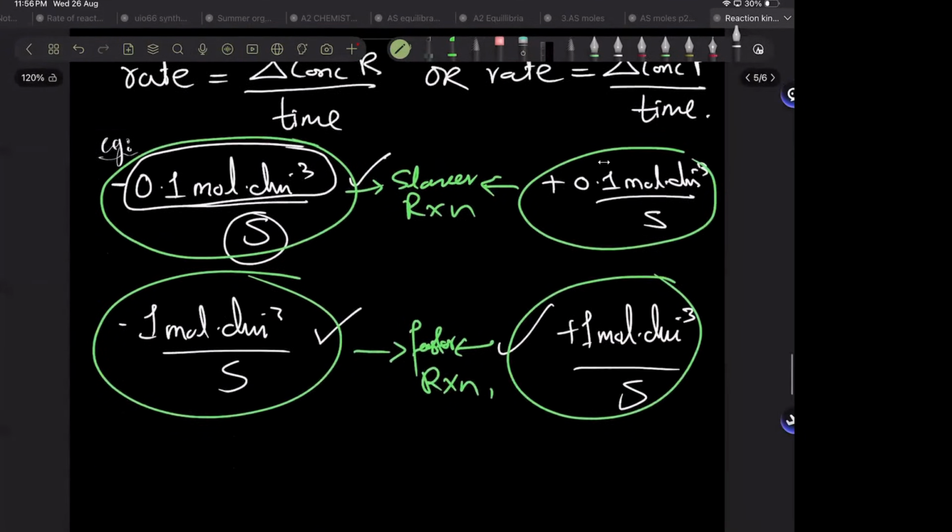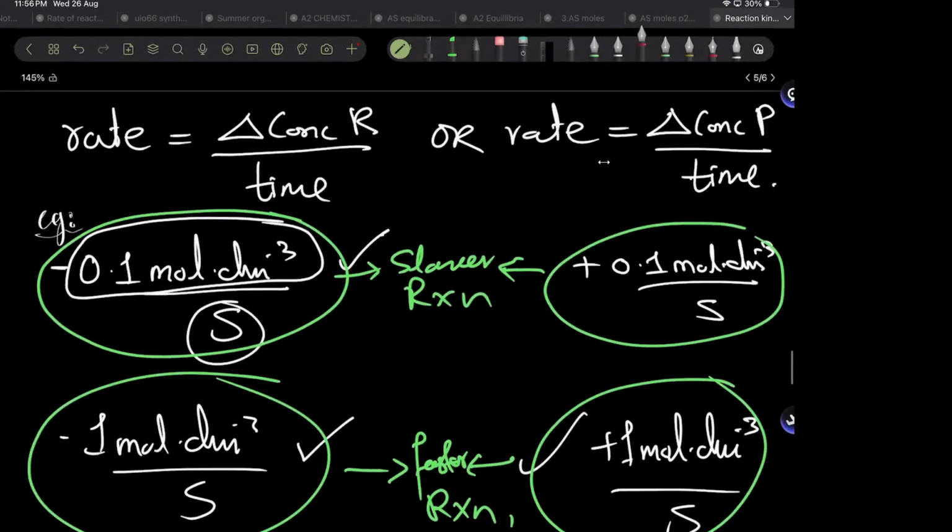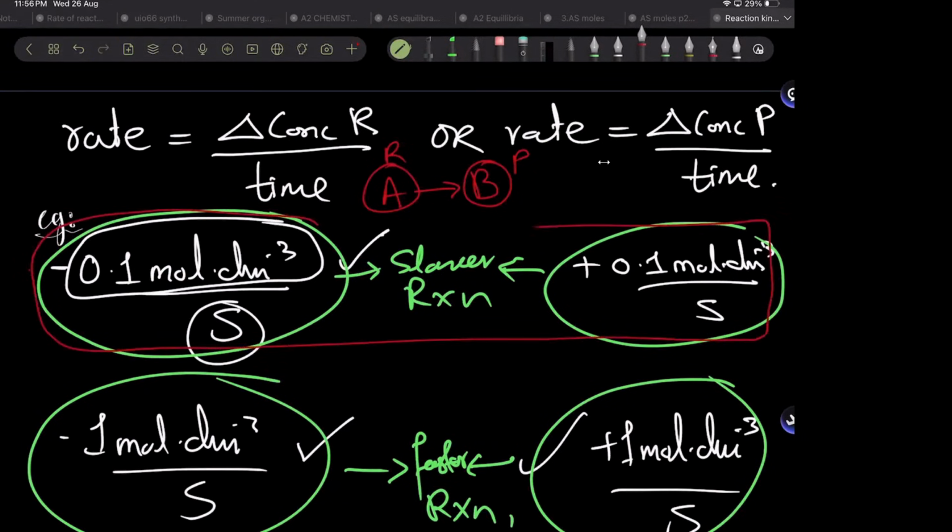Now, let's link this. Now, let's say that this was the same reaction. A was going into B. This is the reactant and this is the product. Now, in the first case, this was the rate of reaction. You were forming 0.1 mole per dm cube of product per second, or 0.1 mole per dm cube of reactant was reacting per second.